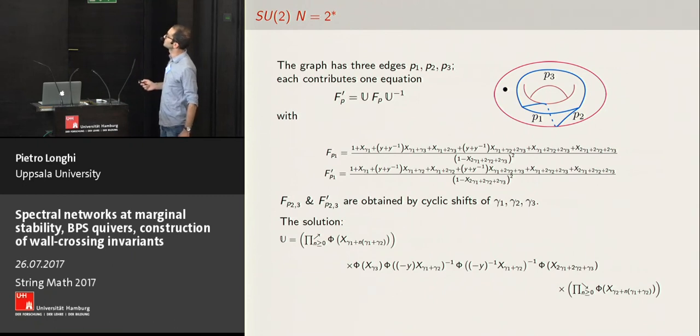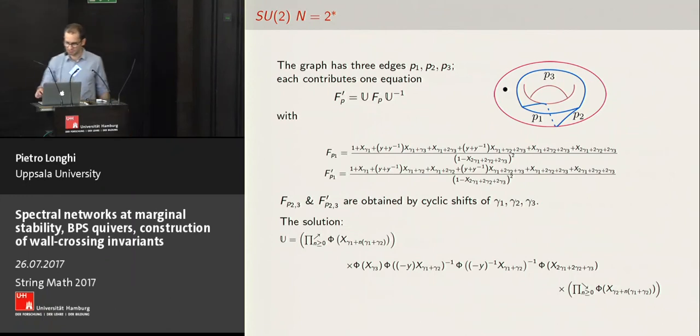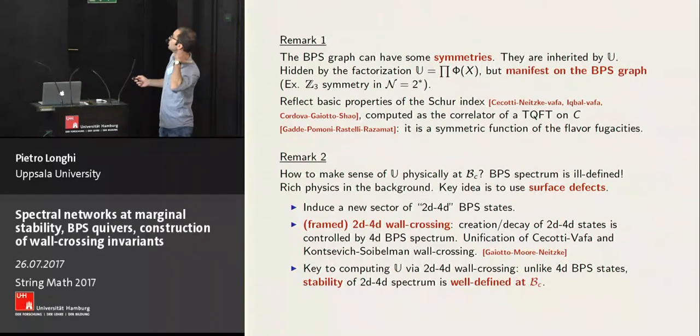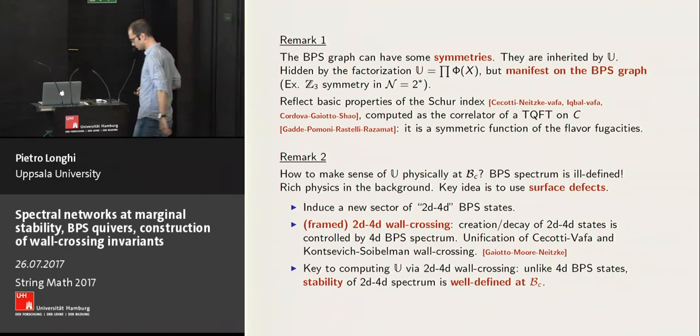This is manifest at the level of the equations, as you see, but it's completely hidden in this factorization into quantum dilogarithms. So this is an interesting advantage of this construction, which is moreover important for making contact with the conjectural relation between BPS monodromies and specializations of the superconformal index.